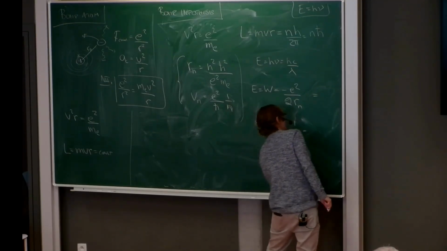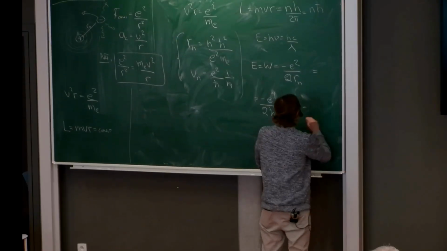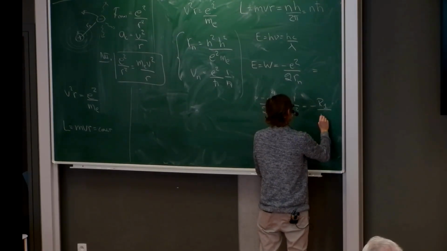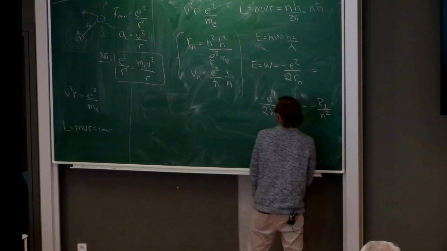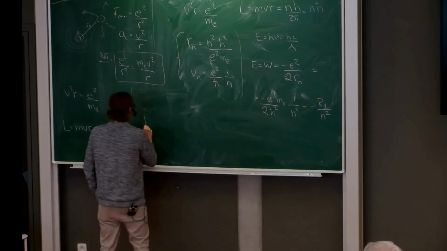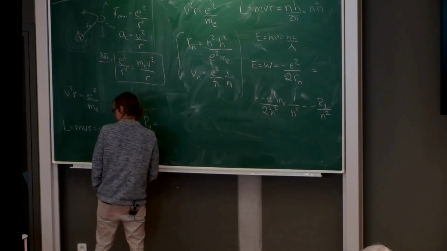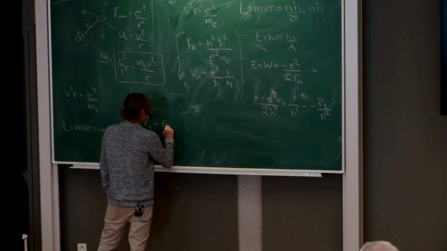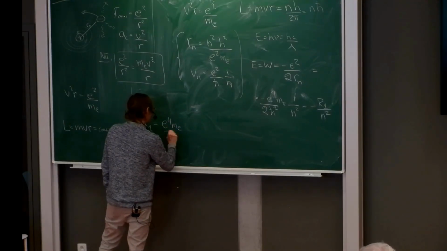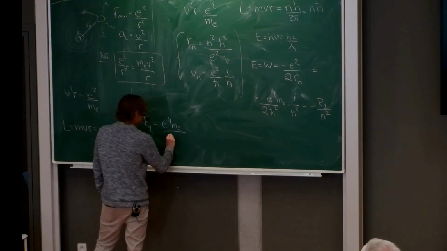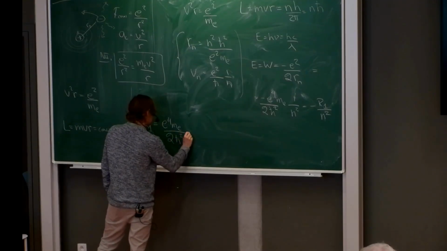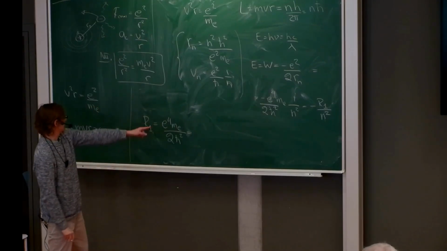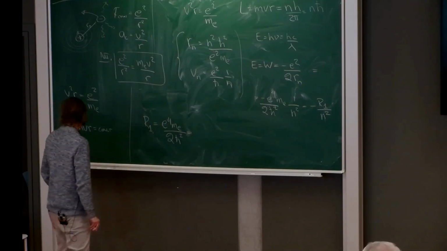And this now goes under R1 n squared, where R1 equals, did I do an algebraic mistake? I'm going to see, e to the 4 m e divided by 2 h bar squared. Was that what I got? Yes, sir.